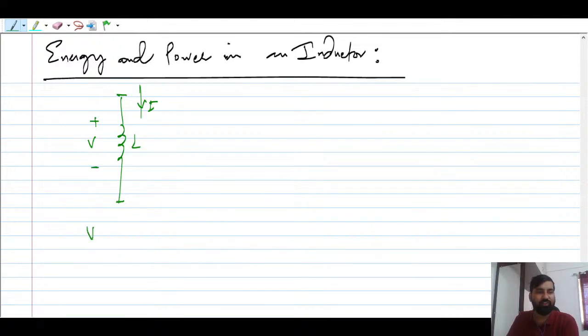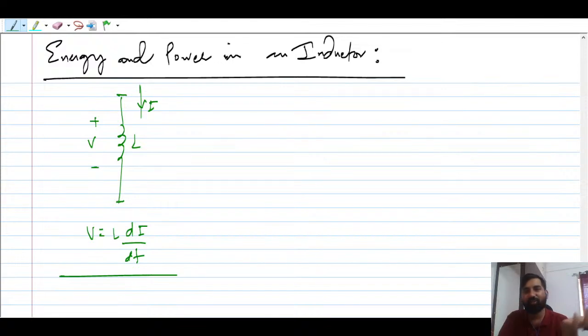V equal to L di by dt. The moment you see the inductor, you should be able to understand the relationship between voltage and current. It should not be that you don't know V equal to L di by dt. During the examination, you don't have to remember these.